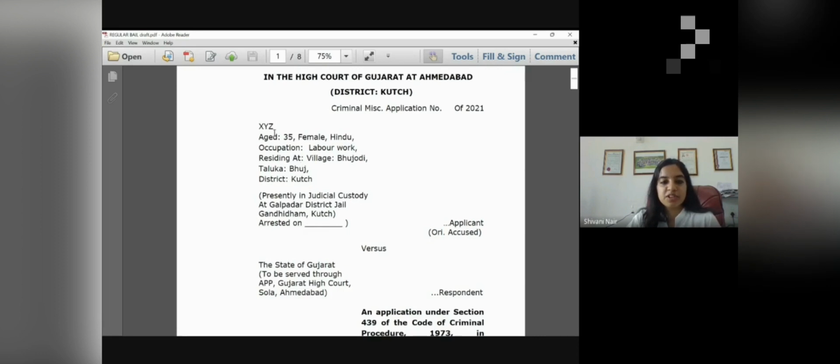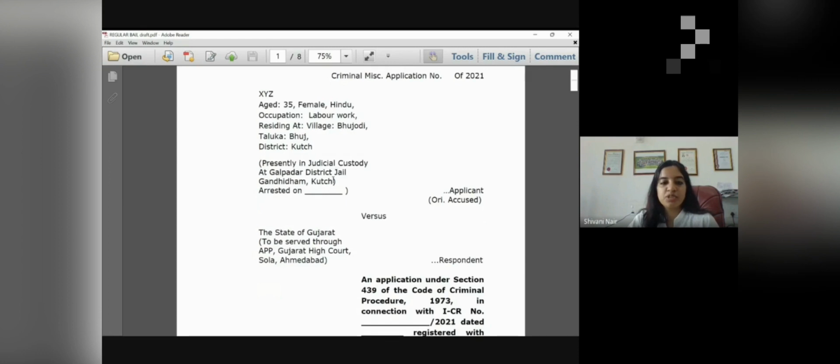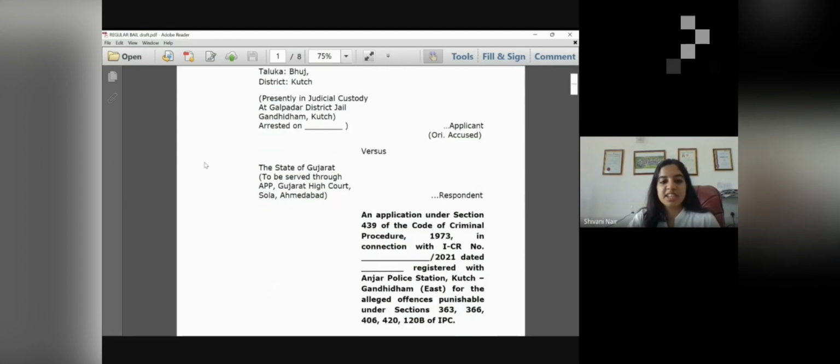First comes the name of the applicant, who would be the original accused. Then the age, gender, religion, occupation, where they reside, etc. And in the present case, in judicial custody at so and so jail and arrested on so and so date, versus the State of Gujarat.